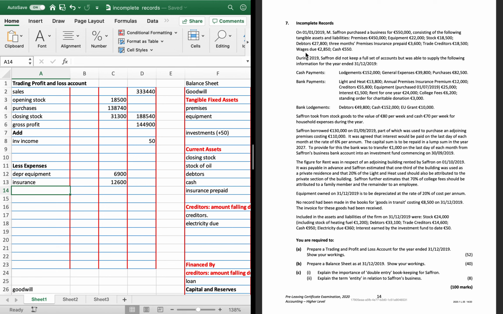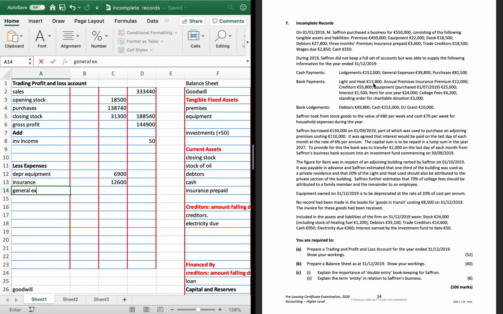So next one is wages due. Now we know wages due ties in with general expenses. We just make sure there was no general expenses in the drawings. So I'm just going to do my general expenses now. So we have to take away 2,850 from them.